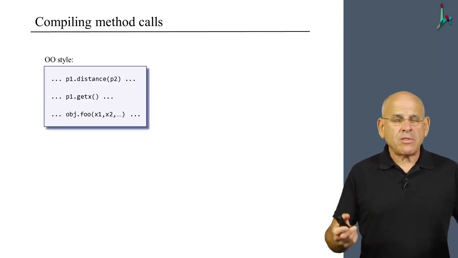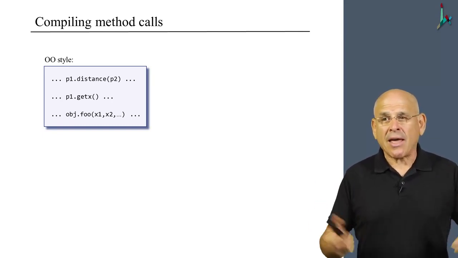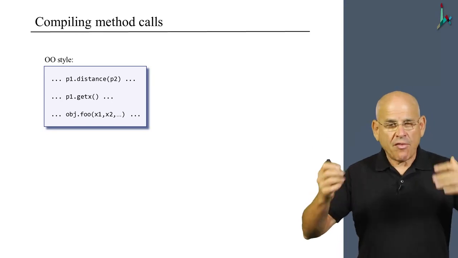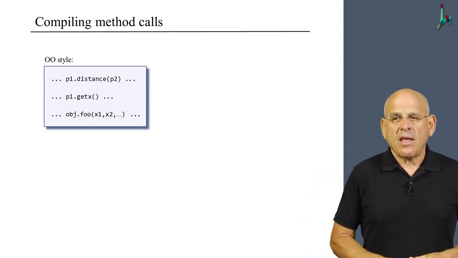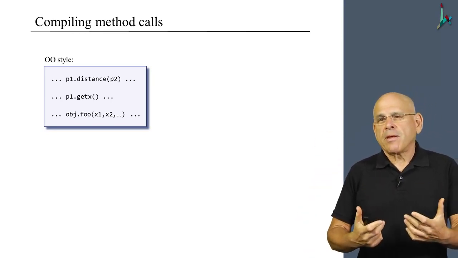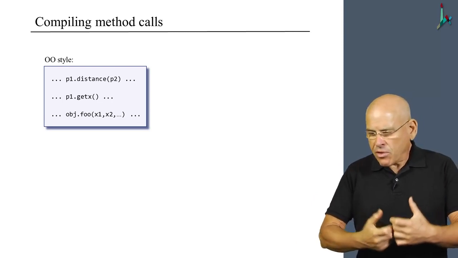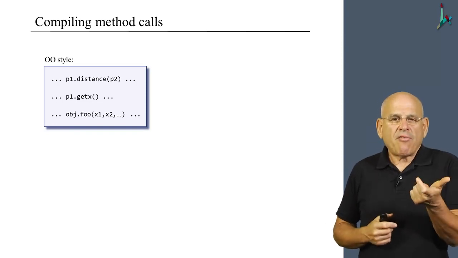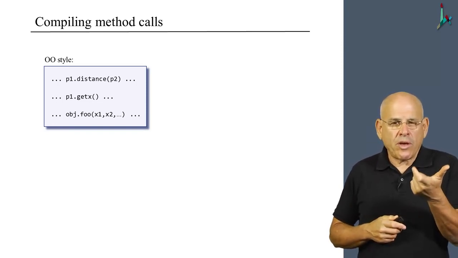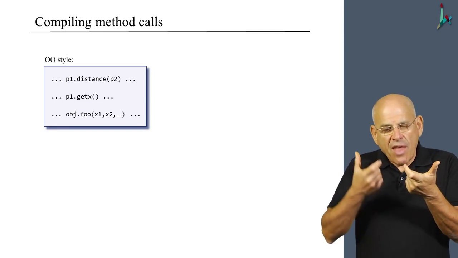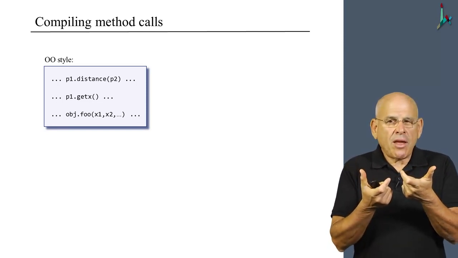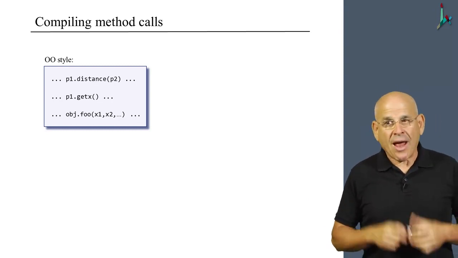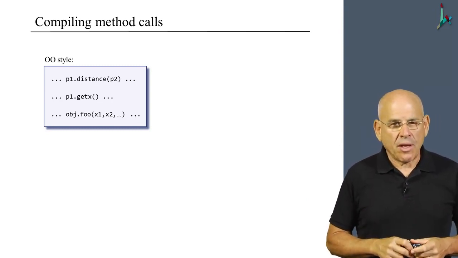When you write programs using object-oriented style, then according to the object-oriented philosophy, if you want to use some subroutine like distance, then first you specify the name of the object on which you want to operate, then you write the name of the subroutine, and then you may or may not supply some additional arguments to this subroutine.